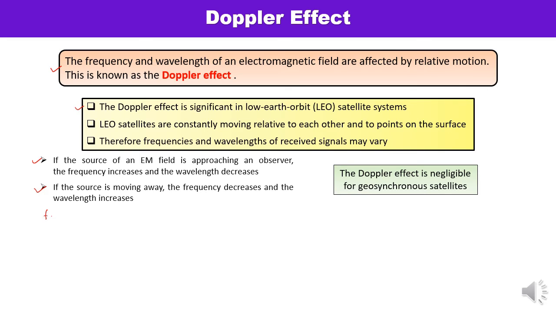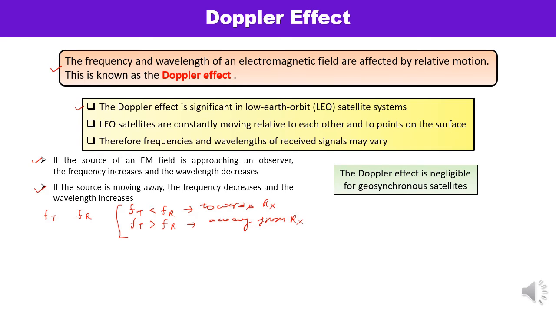If Ft is the frequency of the transmitter and Fr is the receiver frequency, then if Ft is less than Fr, it means the transmitter is moving towards the receiver. While in the second case, when Ft is greater than Fr, the transmitter is moving away from the receiver, right? Just to recall it for you.